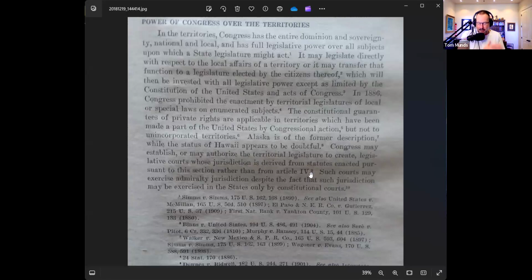I got the Article 1 thing with the legislative courts, and then I got Article 3 from the judiciary courts. Here's what this means.